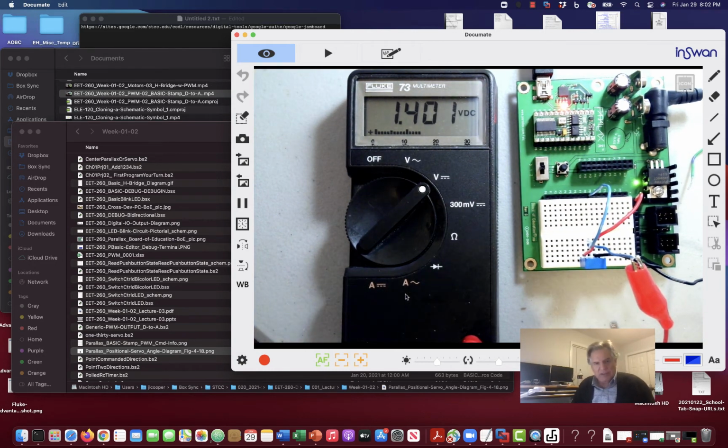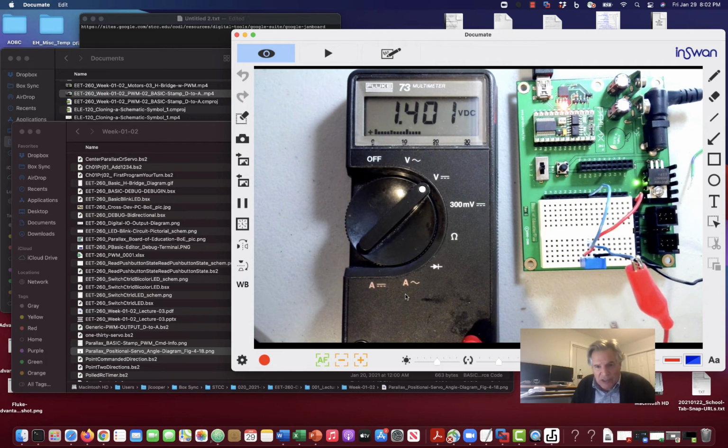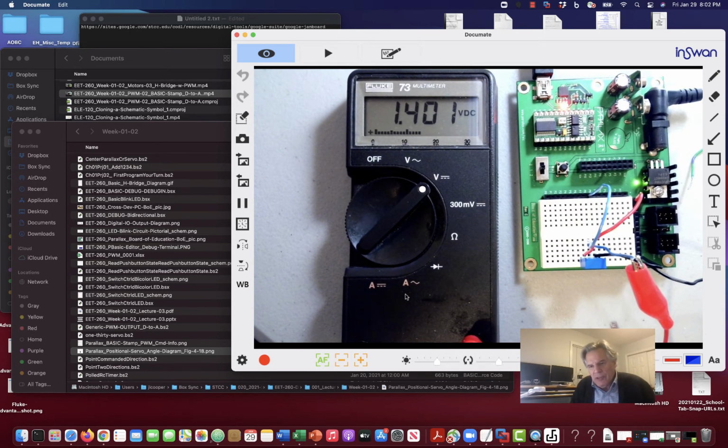You could actually get a 10-turn potentiometer, which allows a sensitive measurement. But it shows that the input threshold at which our microcontroller says that pin is high or 1, or low or 0, is right around 1.4 volts.